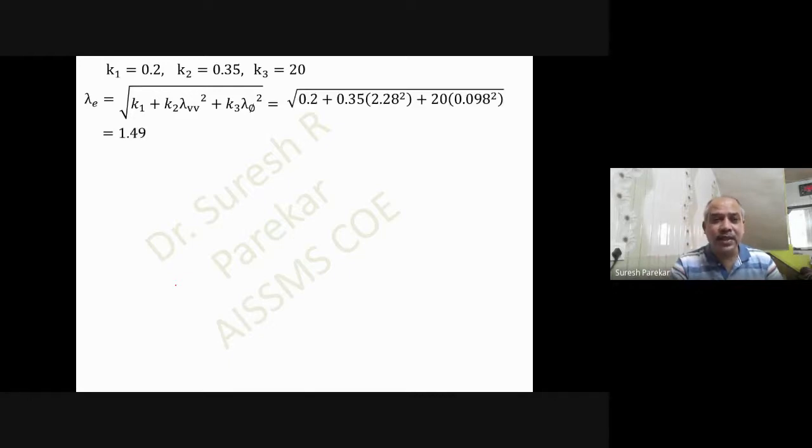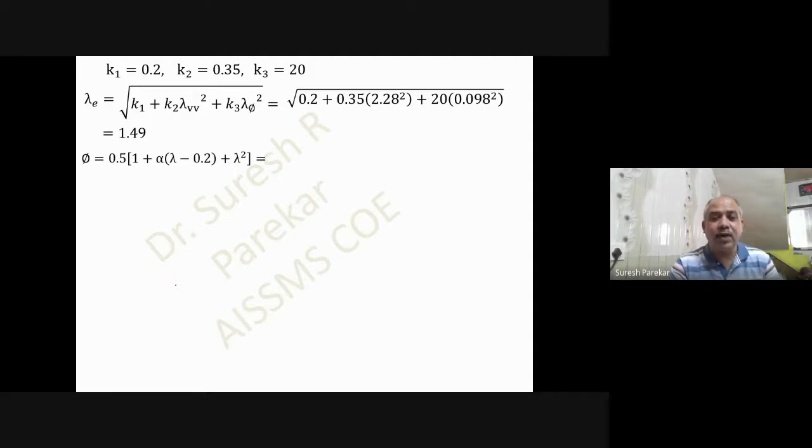By substituting this value, I got the value of lambda E as 1.49. You have to put this lambda E in the FCD formula, which is given in 7.1.2. For that, I have to calculate the value of phi, and for that we need lambda and alpha.